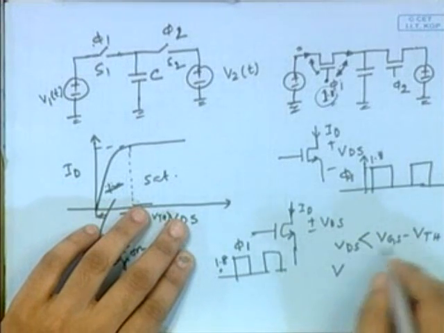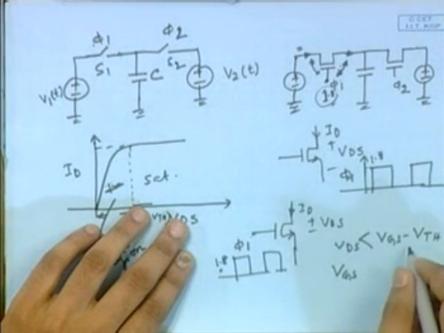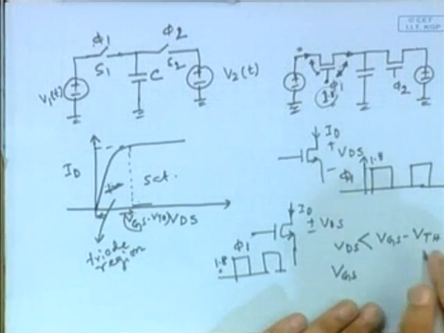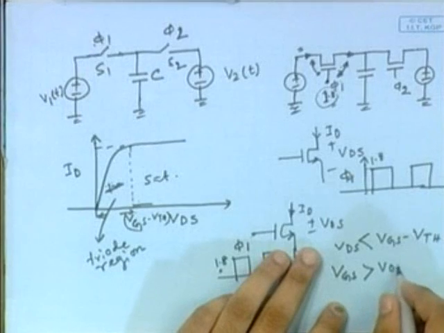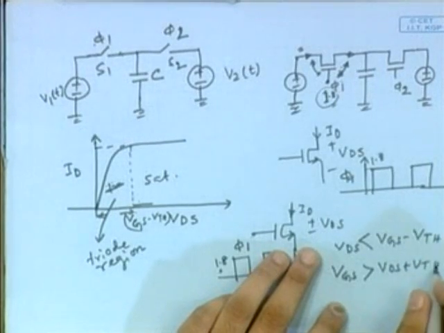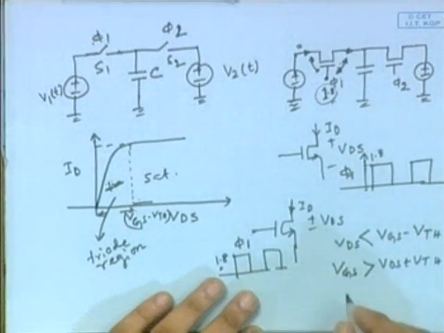So VGS should be greater than VDS plus VTH.